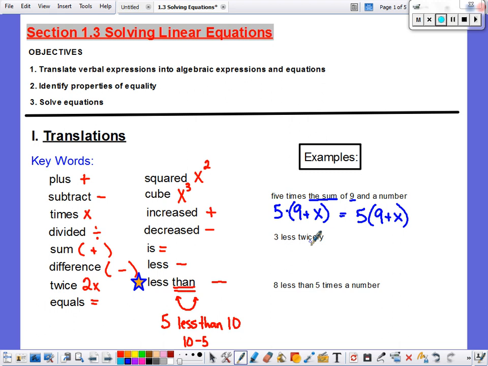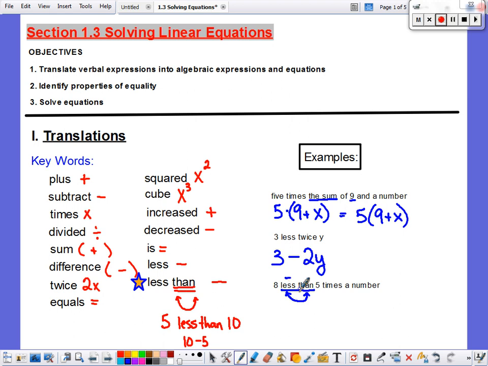The second one, 3 less twice y. Notice the word less, and we have obviously 3. Less means subtraction. There is no than, so the order that I wrote it in is the order that we're going to put it. So 3 less twice y is 2 times, in this case, y. 8 less than 5 times the number. So here we go. We have 8, but we have less than, and this is going to flip the order that we see it. Now, what are we subtracting here?